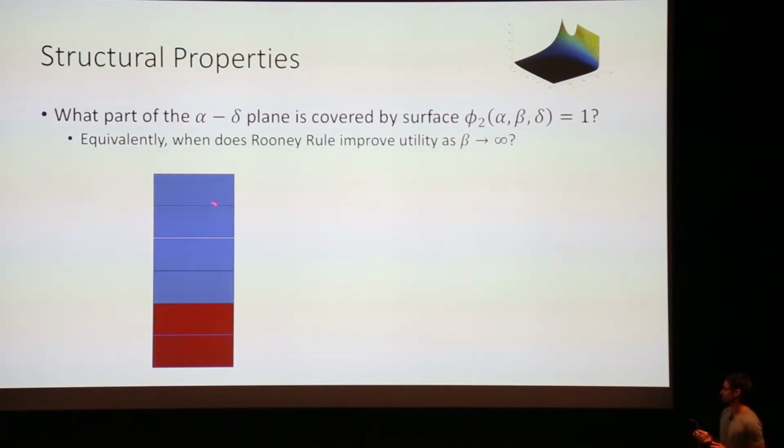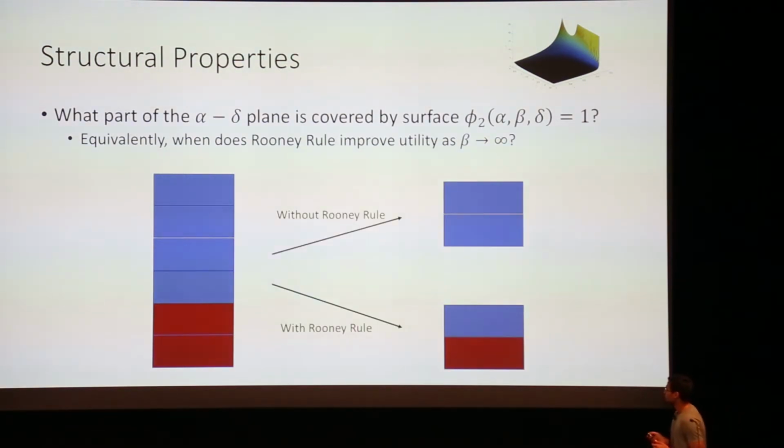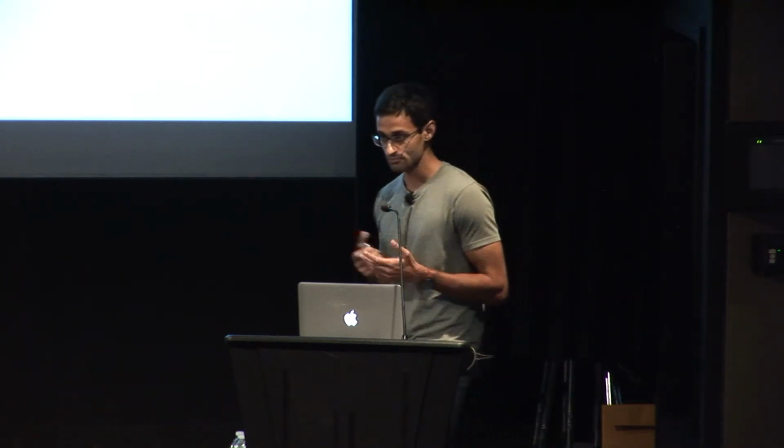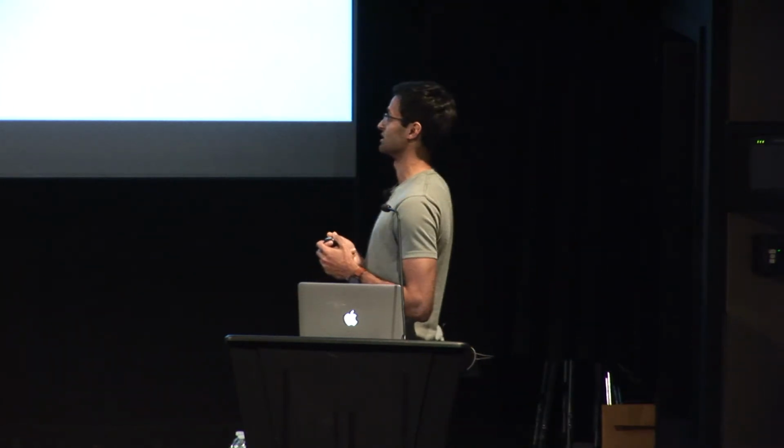I can actually rank them pretty well, and I know that they're going to be pretty good. My estimates of the Afghani students are not very good, so my normal way of ranking them would just be to put them all at the bottom. So without the Rooney rule, I would end up taking the top 2 students from China. But if the Rooney rule were instead to force me to say, I'll take 1 from China and 1 from Afghanistan, what should I do?